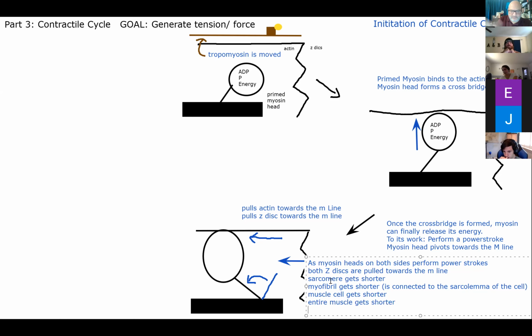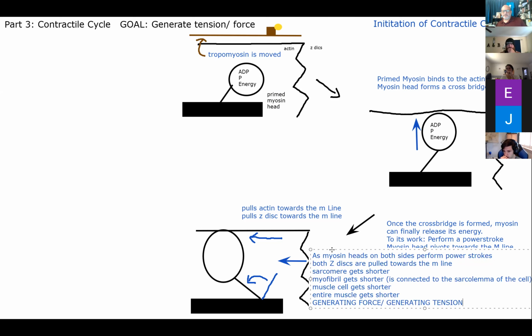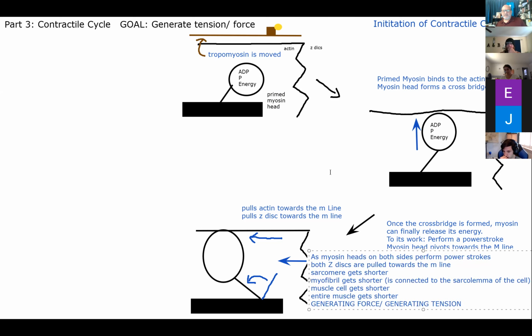And this, we accomplished our goal. We're changing the shape. We're generating our force. We're generating our tension. Mission accomplished. Just that simply, just that easily, we have generated some force.